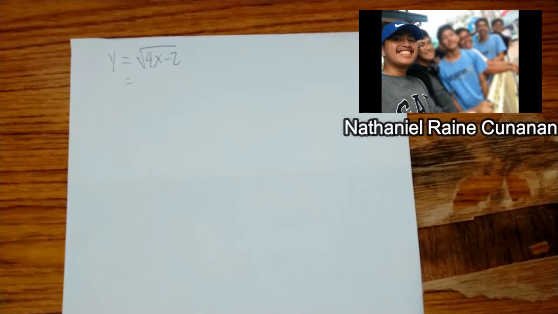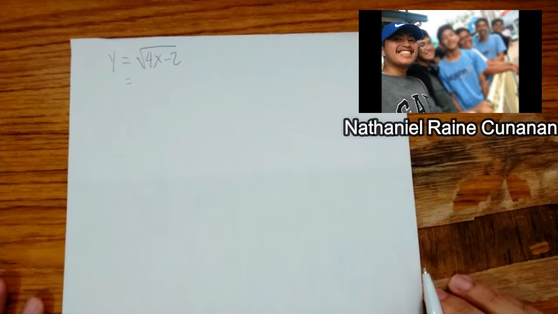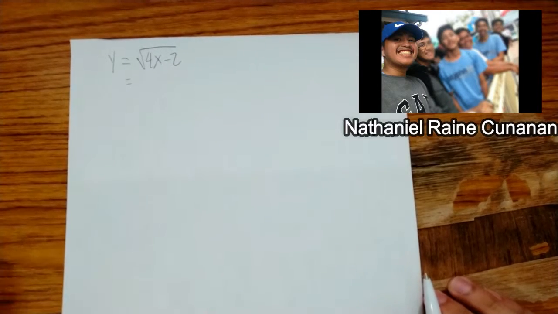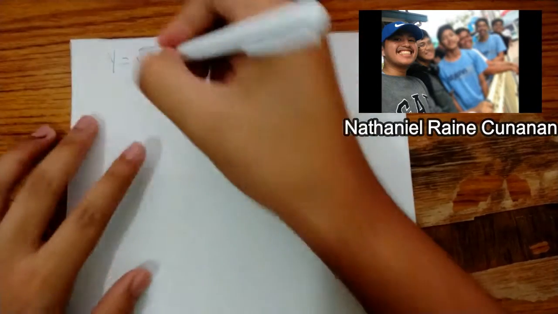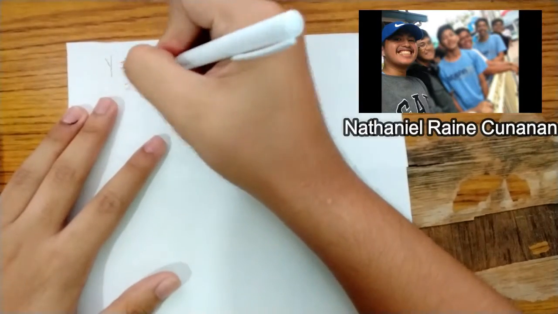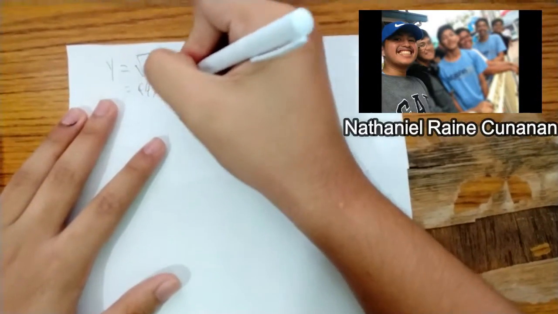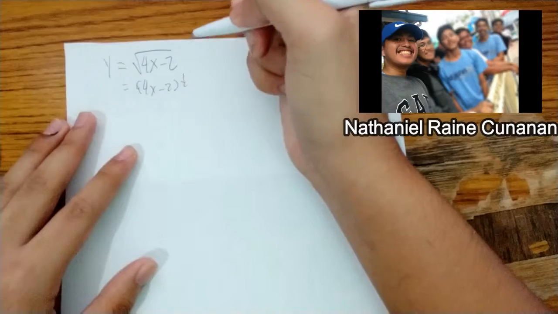So this is the equation that we're going to solve for today using the chain rule. The equation is y equals the square root of 4x minus 2. To solve this, we will make our exponent into 1/2 because of the square root.